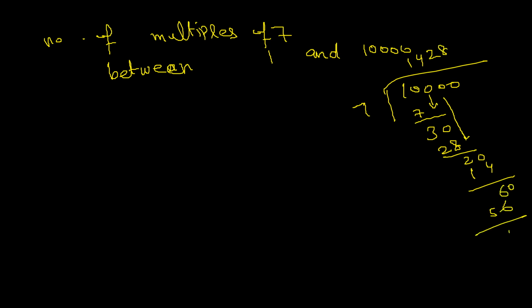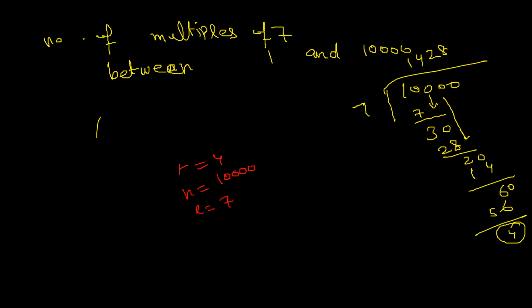So the remainder will be 4. So here r equals 4, n equals 10,000, and L is 7.